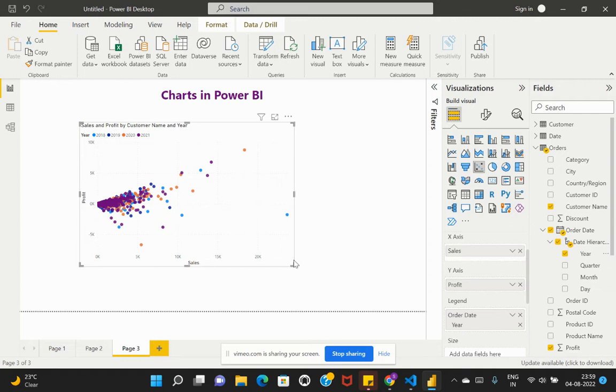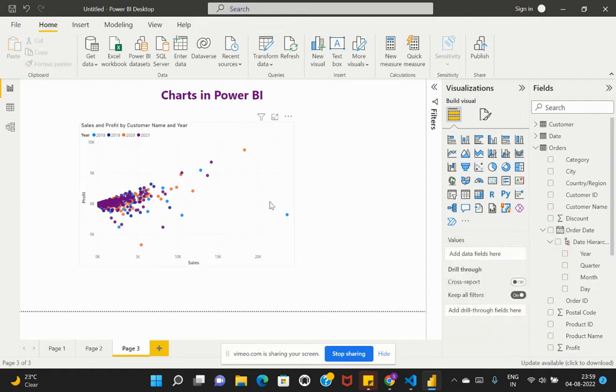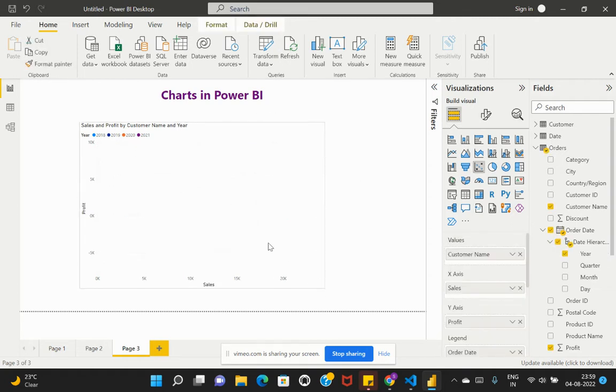Okay, so if you notice here, the moment I have provided these details, how is the scatter chart being populated? So we have two different measures being considered. One is the sales, the other one is the profit, right? And we have these different circles or bubbles that you see here. It's been projected based on my customer name value.